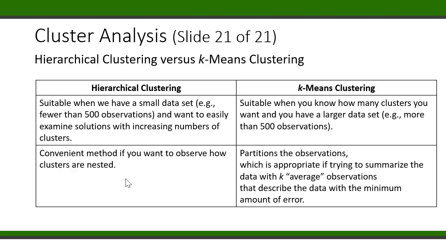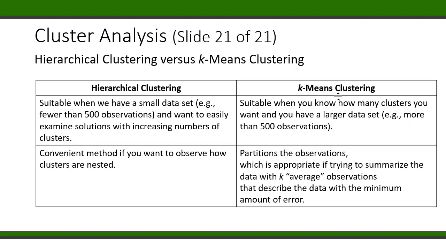So some general rules of thumb when you're doing cluster analysis using hierarchical clustering. It's suitable for small data sets, so usually less than 500 observations, and you want to easily look at the solutions when you have increasing numbers of clusters. And because of the charts that are generated, it's an easy method to observe how the clusters are nested.